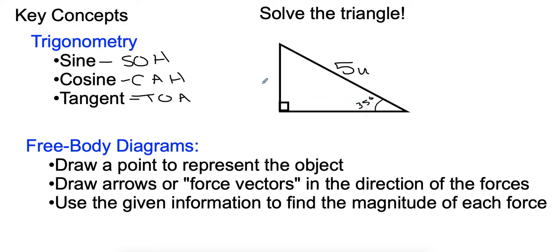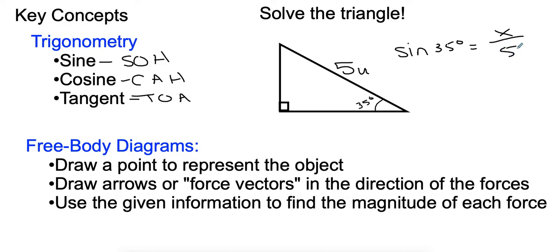If I wanted to find this side first, that side is opposite the angle, so I'm going to have to use sine. We set it up like this: sine of 35 degrees is equal to opposite over hypotenuse. That would be x, that side length, or y if you want that vertical leg, over 5 units.